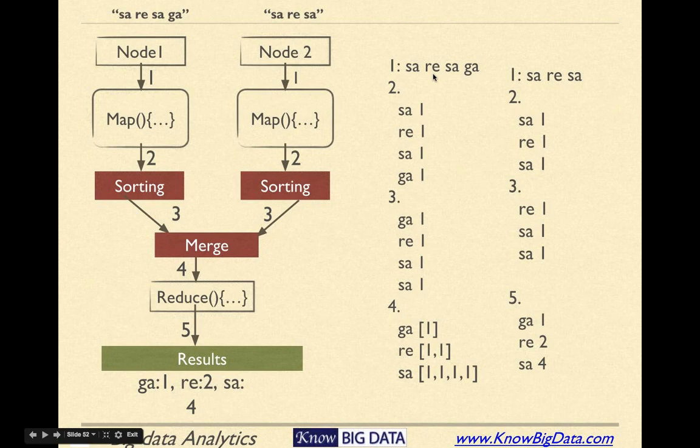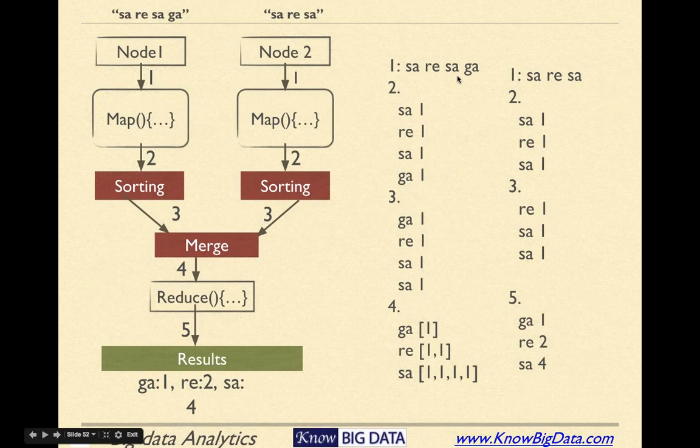All right, next, imagine that our data is on two different nodes, node 1 and node 2. Node 1 contains Sa Re Sa Ga, while node 2 contains Sa Re Sa. Now node 1 will be executing the same MapReduce function, and node 2 will again execute our same MapReduce function.